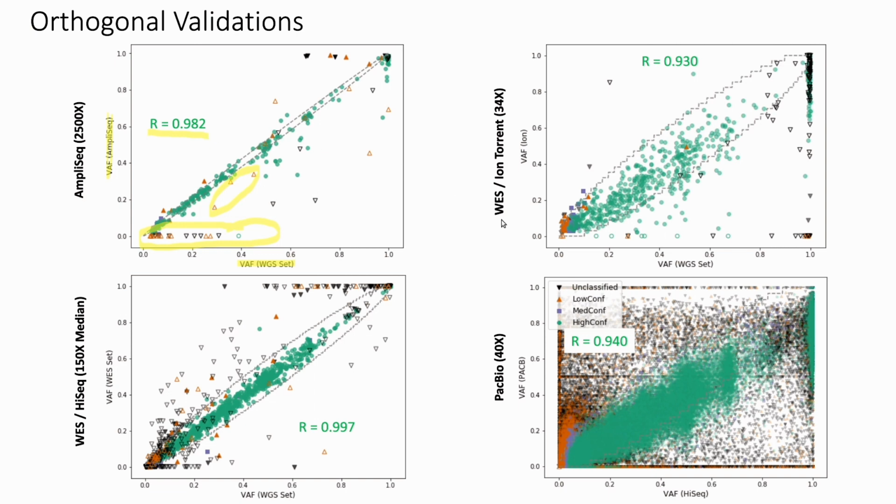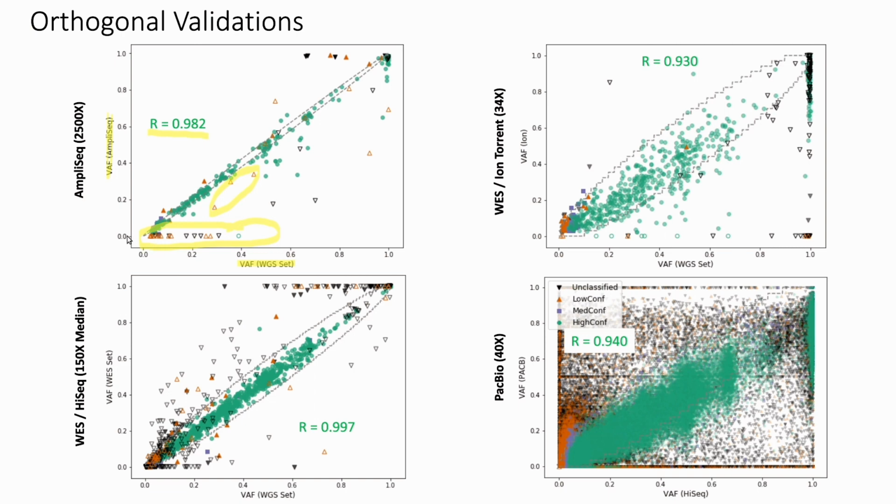For the mutation data points that lie at the bottom of the graph, almost all of them are low conf or unclassified calls. Where they are on the x-axis is their VAF estimate based on the reference whole genome sequencing read counts.